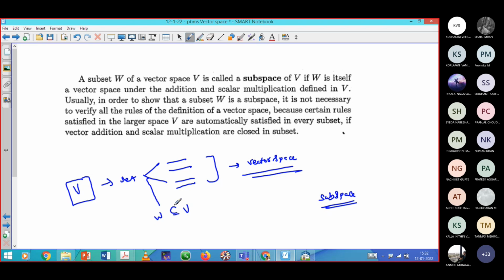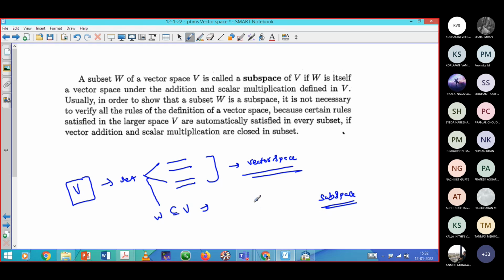Because of the subset reason, it is called a subspace. Have you understood this definition? Is it clear?